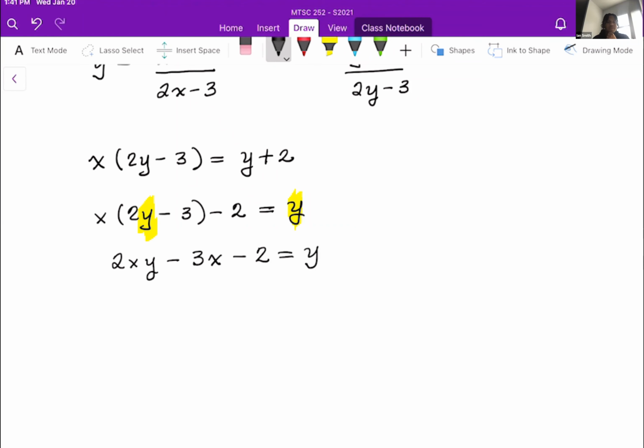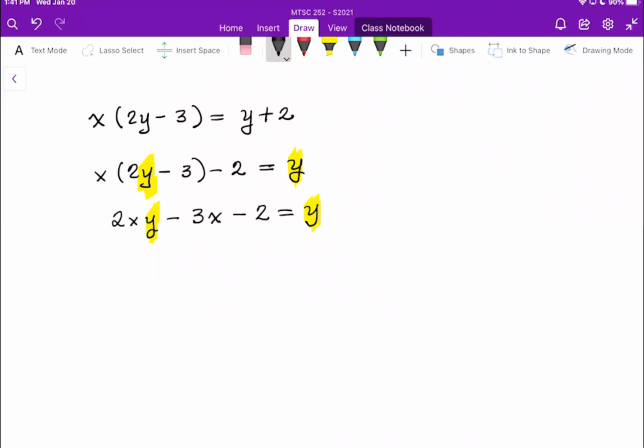Then we can divide by the... Can't divide yet. I'm still trying to get this y and this y on the same side. Subtract the 2xy and then divide by 2x.